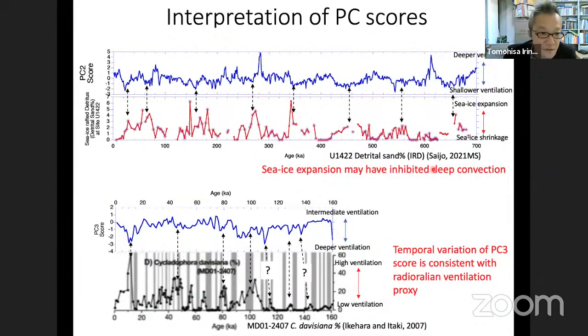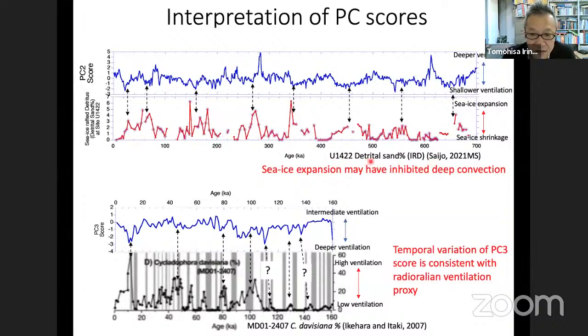First, the PC2 score shows such a fluctuation pattern, and Mr. Saijo, my student, made data this year.